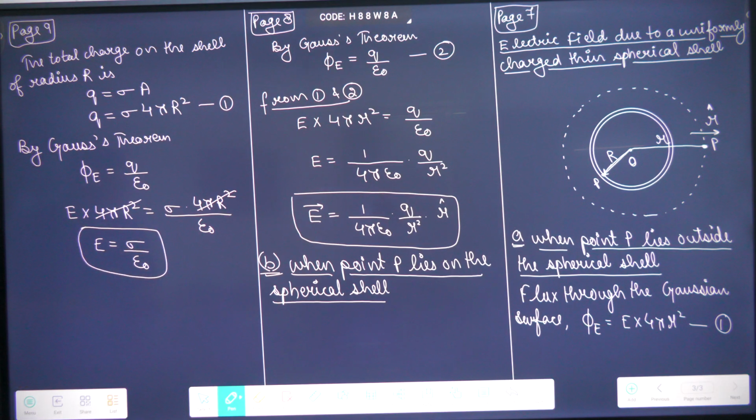Okay. Now point C, when point P lies inside the spherical shell. Please note down till here, then I will switch on to the next slide. And please tell me whenever you complete it.